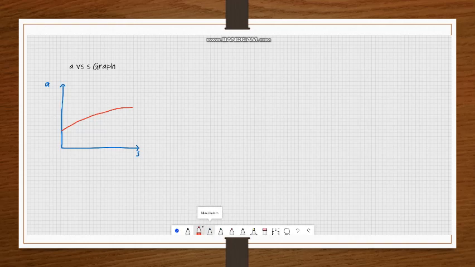Let's say at the initial position, and later on s1.